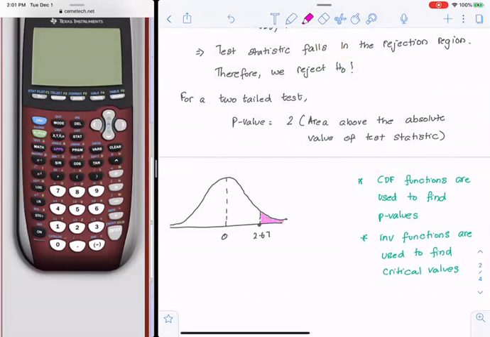And we want to find that tiny little area. And once we find that area, we have to multiply it by 2. So 2 times TCDF. We start at 2.67. We end at E99. And we plug in the degrees of freedom. In this case, it is 9.